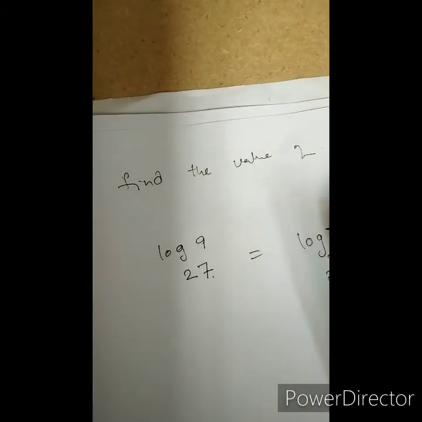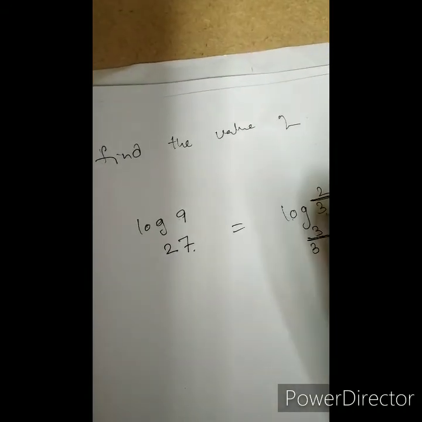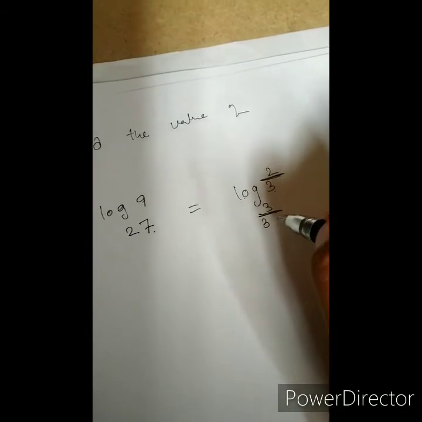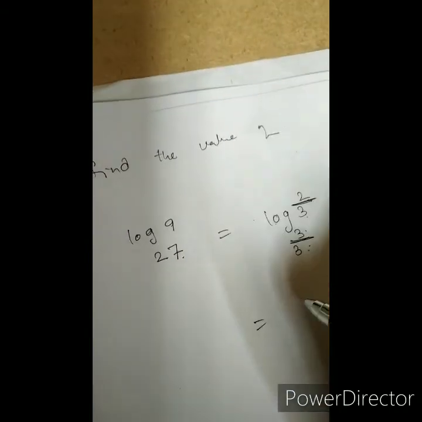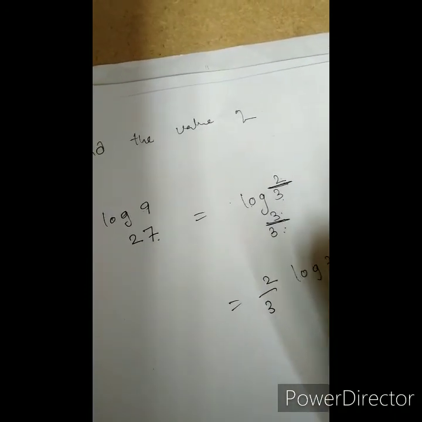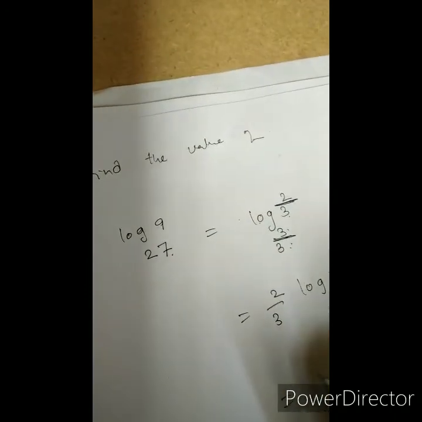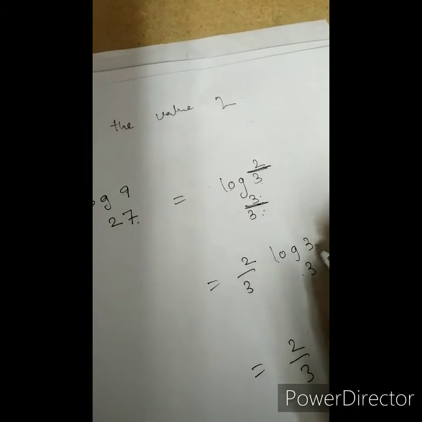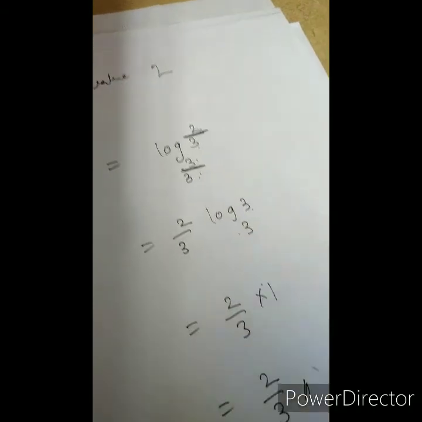Now use here the rule log a power m base b power n. This can be written as 2 by 3 logarithm of 3 base 3, which is equal to 2 by 3 since log 3 base 3 value is 1. This is equal to 2 by 3. Is it clear?